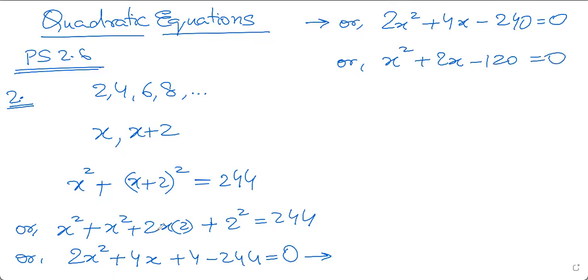Now the equation is in a simple general form. When I said divide, we are dividing both LHS and RHS by 2. So 0 by 2 is 0. And dividing the LHS by 2, 2x square by 2 is x square, 4x by 2 is 2x, and minus 240 by 2 is minus 120.